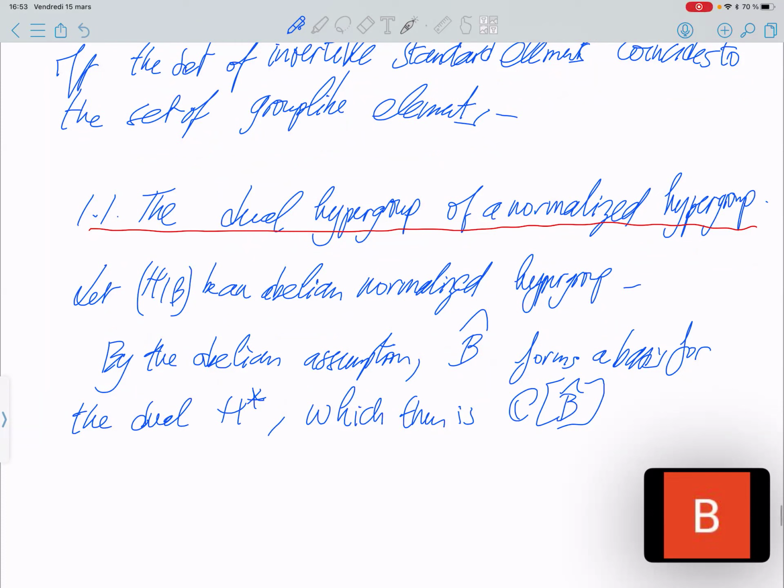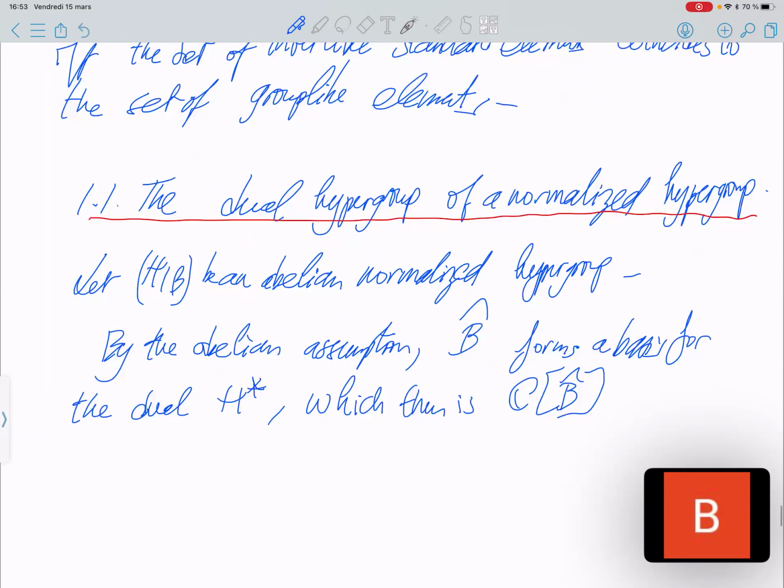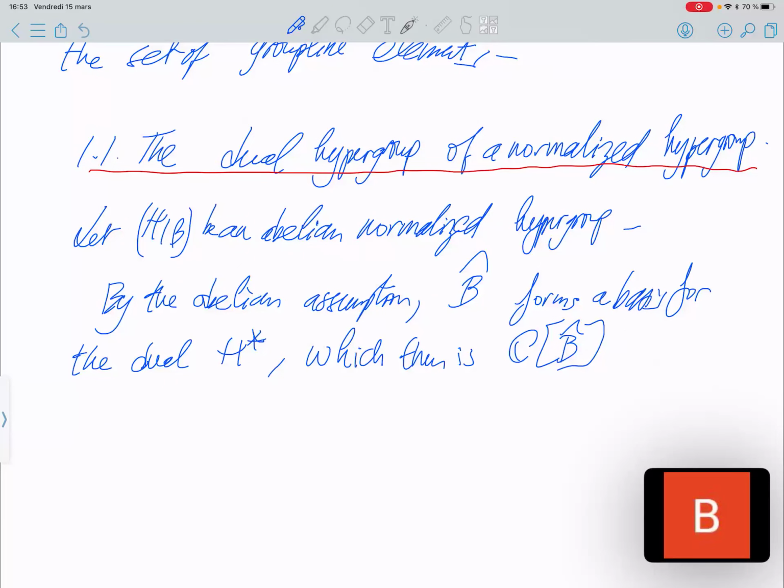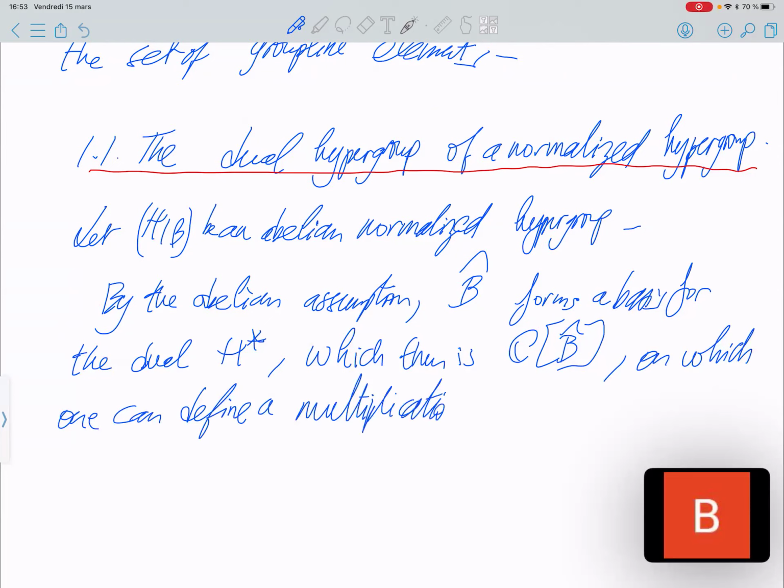And we can define a multiplication there, as I will explain now.